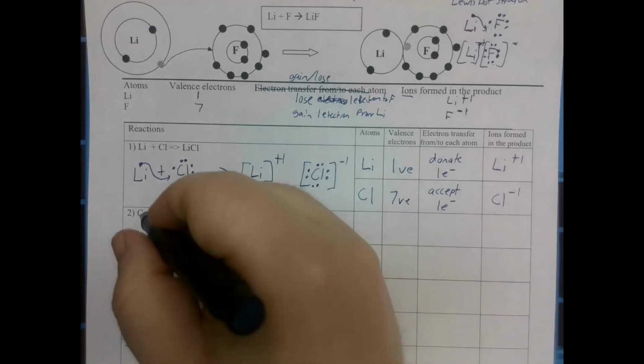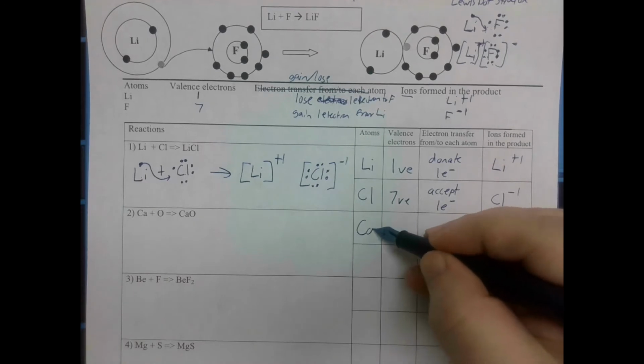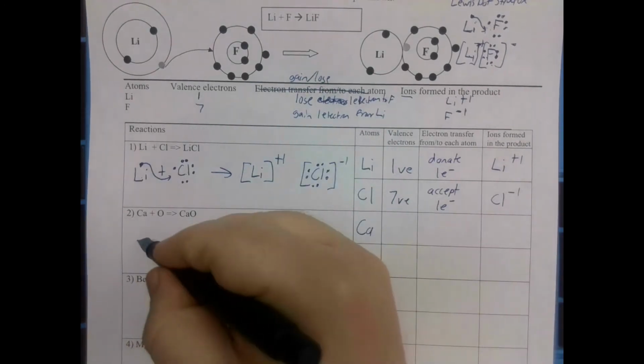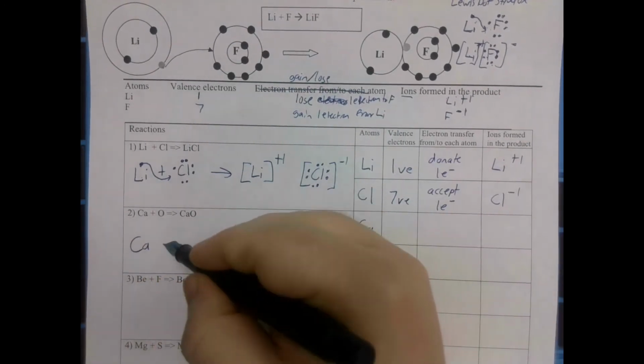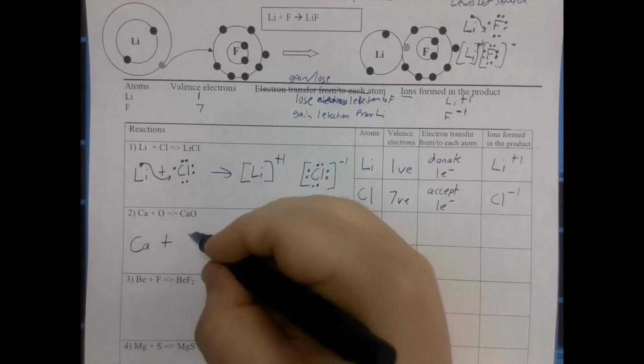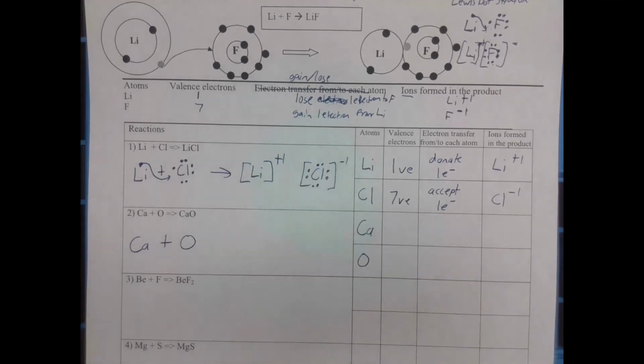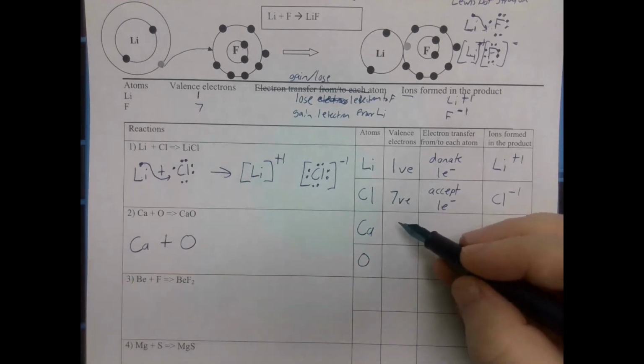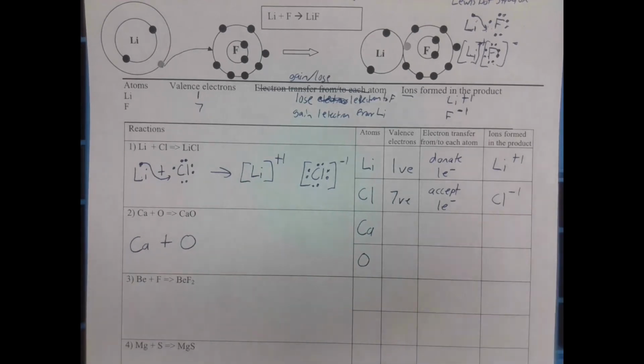So our 2 elements here are calcium and oxygen. We're adding together calcium and oxygen. How many valence electrons does calcium have? 1, 2, 3, wait. 4. Does everyone see how to get the number? 2.